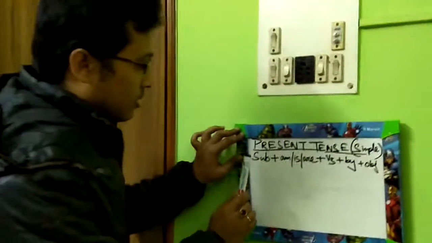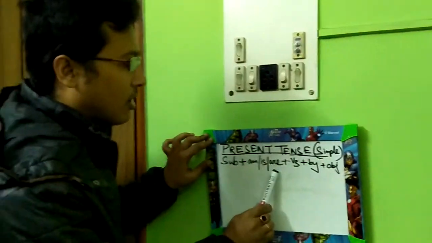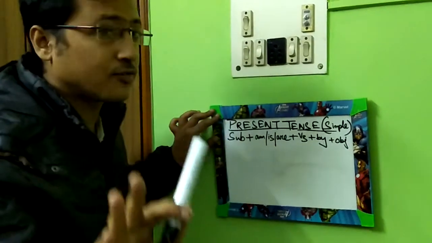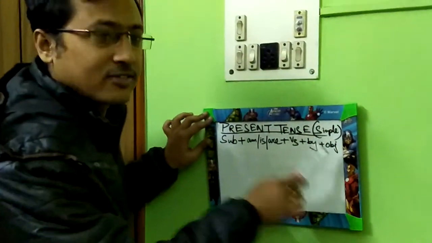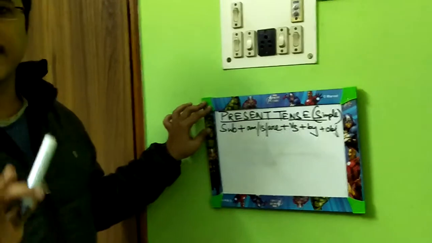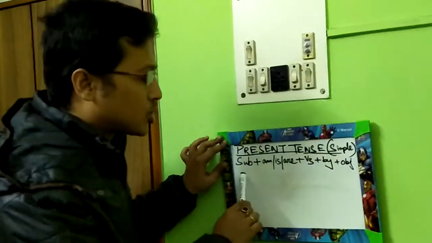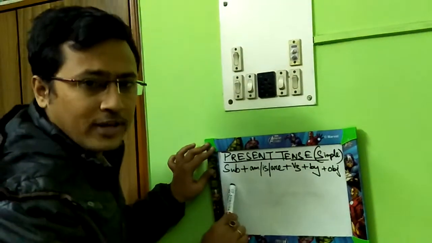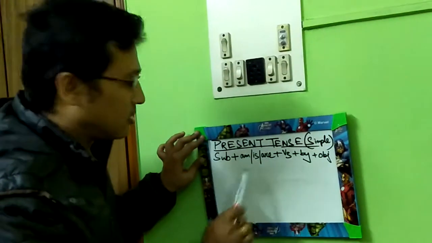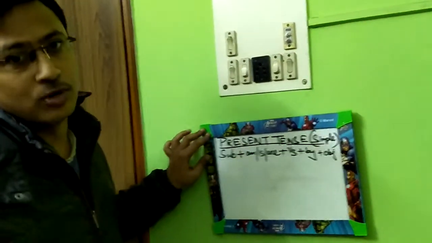See, subject plus am/is/are plus V3, meaning the third form of the verb, plus by plus object. So if a sentence is in simple present tense, then we change the voice of the sentence from active to passive using this very formula.